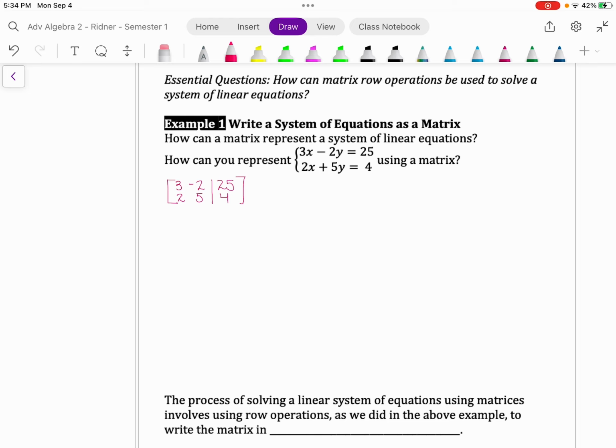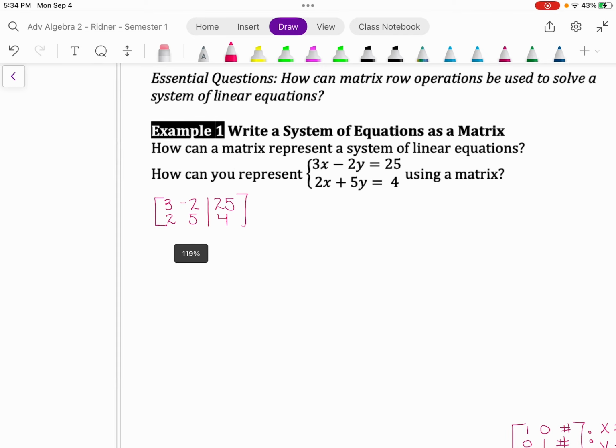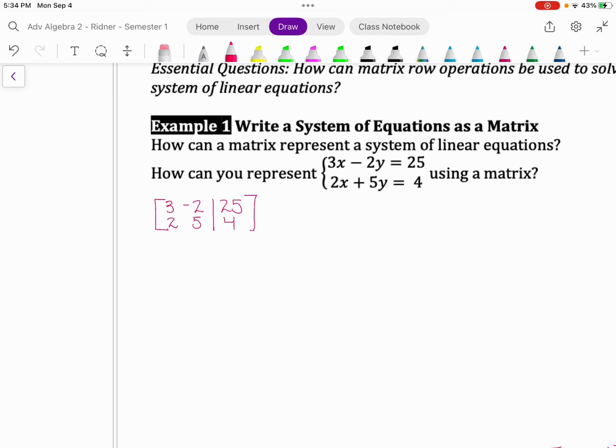And we are going to manipulate this so that at the end, our goal is to have something that says 1, 0 and some number, and then 0, 1 and some number. And it's going to mean x equals and y equals, okay? So yes, you can absolutely solve this using elimination, like we did in the previous unit, but I'm just adding a tool to your toolbox.